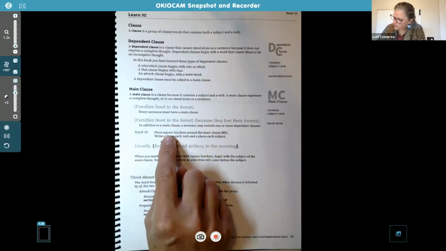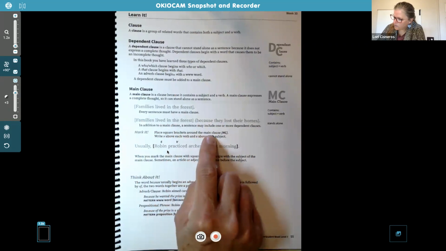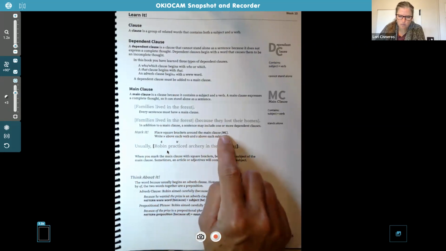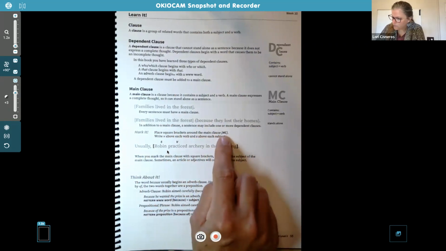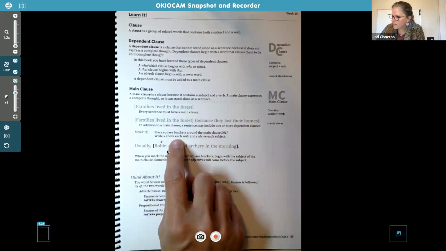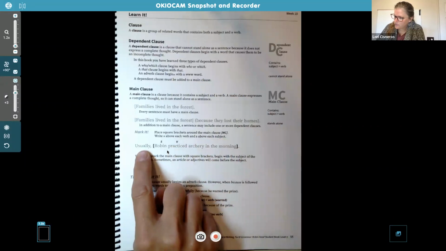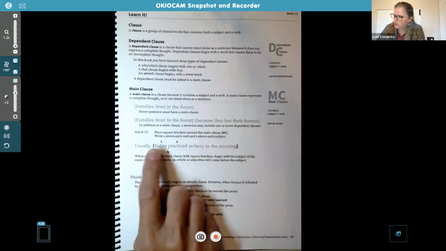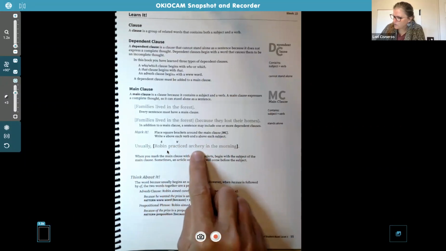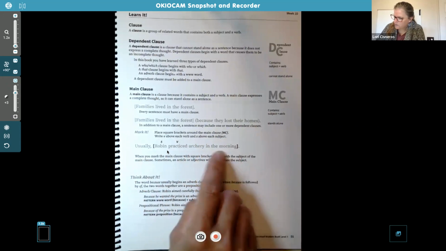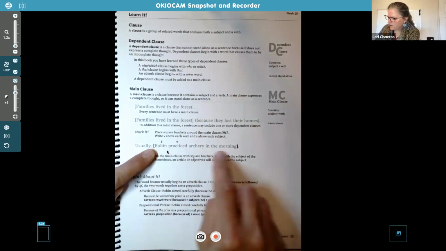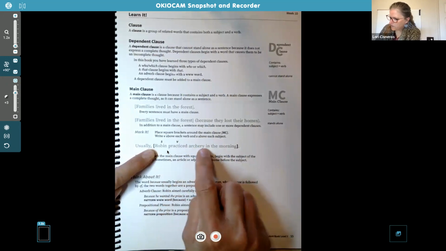Mark it: place square brackets around the main clause, which is also going to be MC, that stands for main clause, and then write V above each verb and S above each subject. So here's another example. Usually, Robin practiced archery in the morning. So we have the main clause here: Robin practiced archery in the morning.